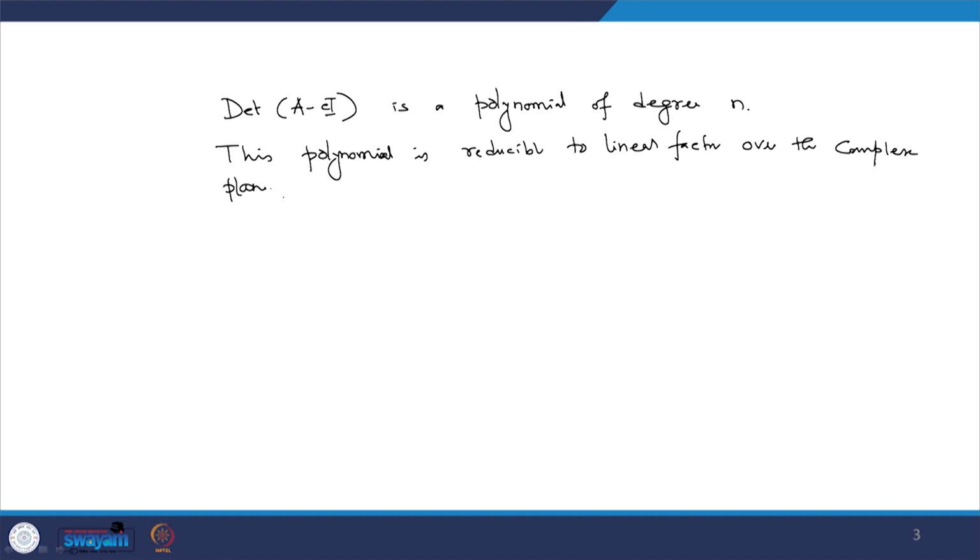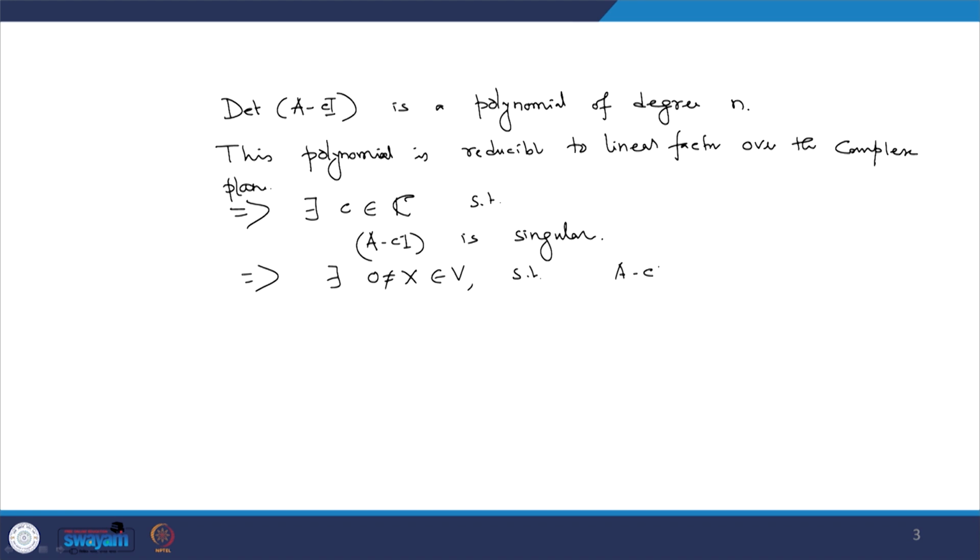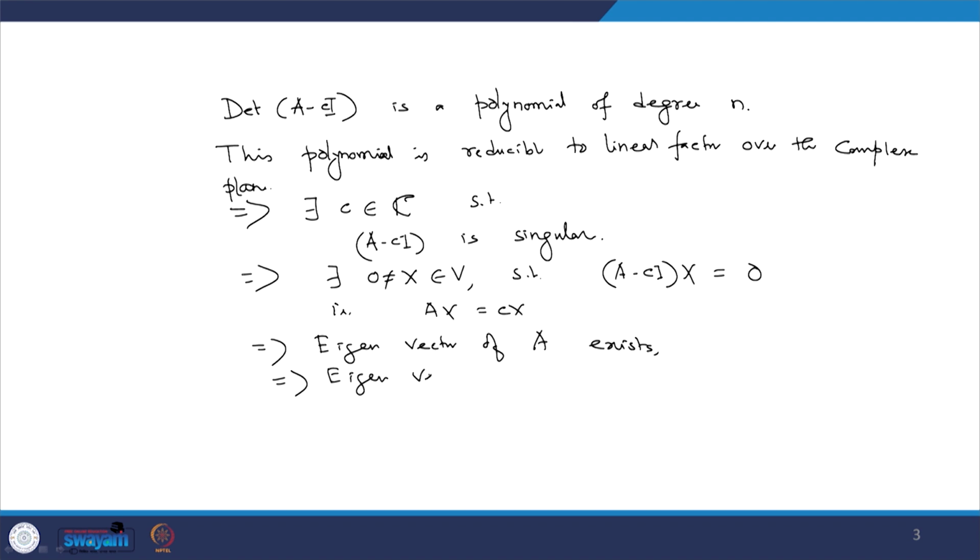So, this implies there exists C belongs to capital C such that A minus C I is singular. So, this implies there exists 0 not equal to x belongs to V such that A minus C I x equal to 0, that is A x equal to C x. So, an eigenvector of the matrix A exists. This implies an eigenvector of U exists. This also implies an eigenvector of your given operator T exists.